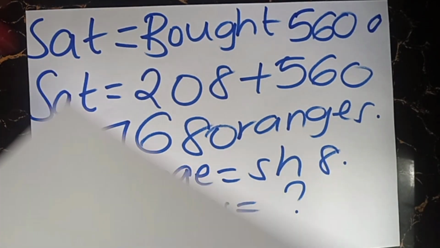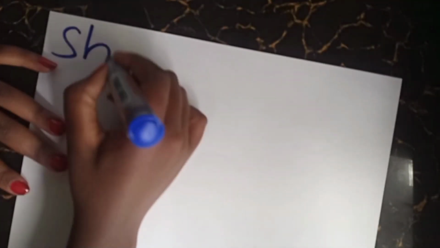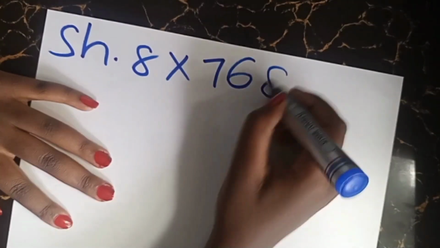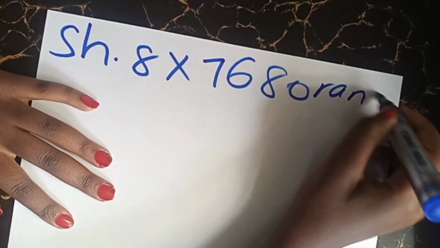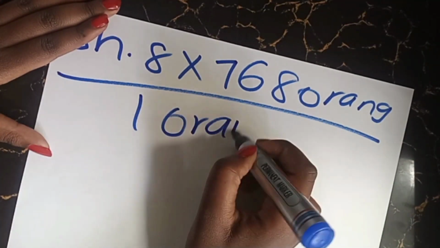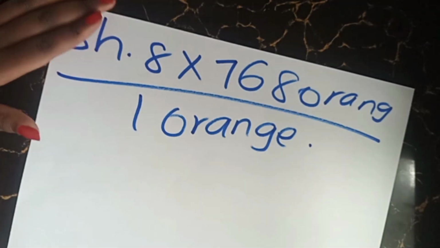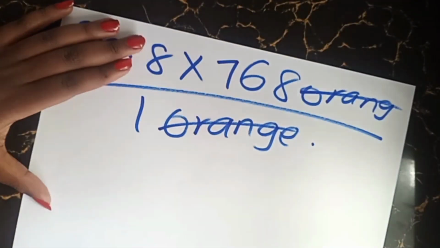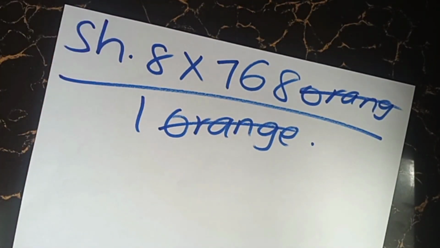So let's do that. So we'll have 8 shillings times 768 oranges over 1 orange. That is what we'll have, right? And the oranges will cancel out.